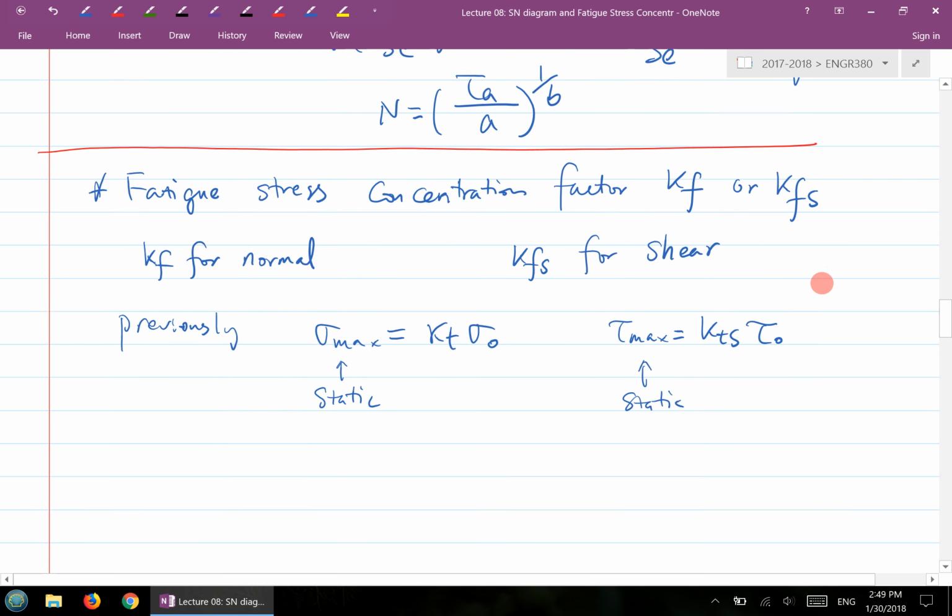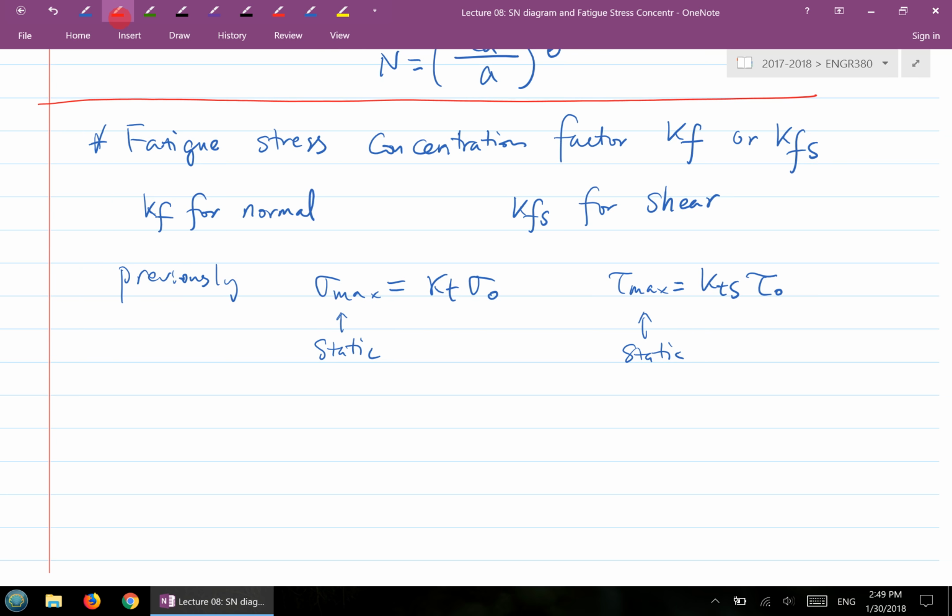Now for the fatigue loading, we have a different calculation. Basically, the notch area feels this stress concentration differently under fatigue loading than under static loading.